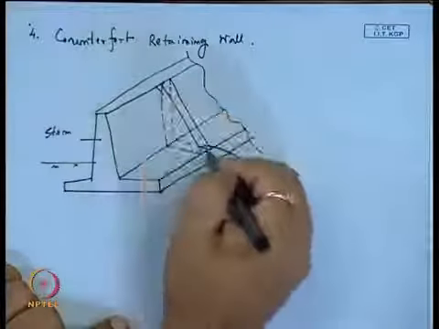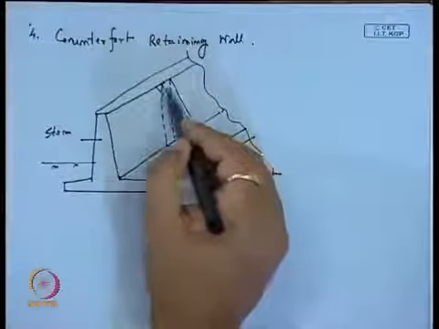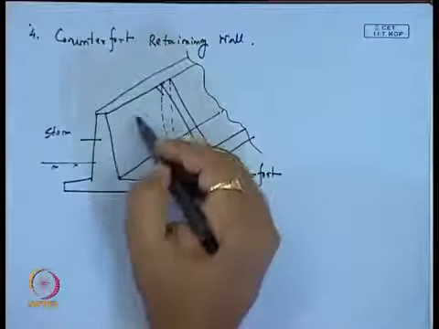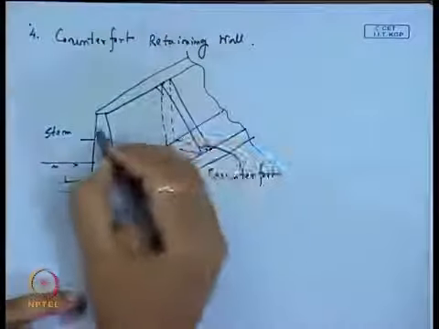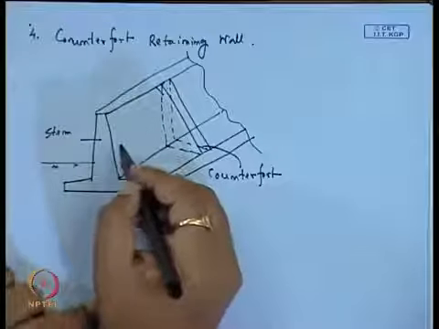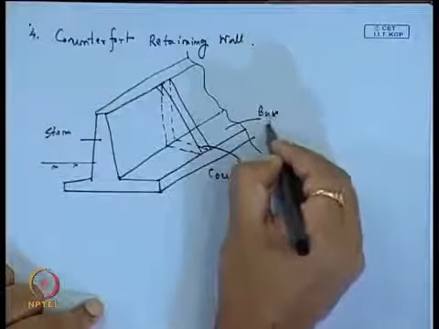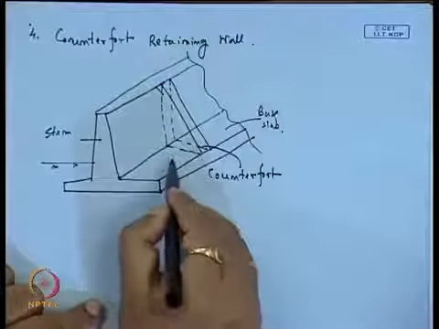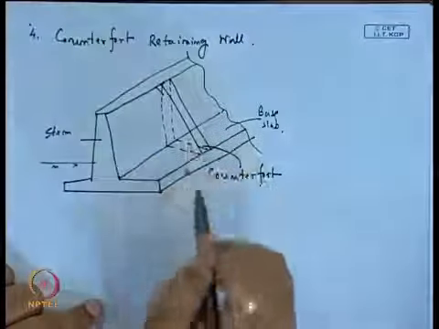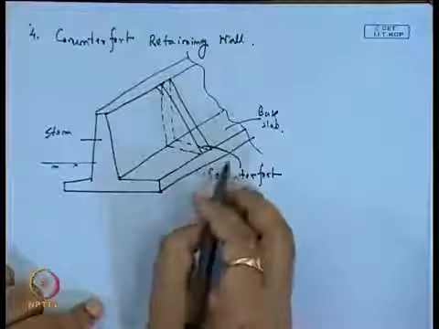These counterforts are used to reduce the shear force and bending moment induced in the vertical stem of the retaining wall and also the base slab. This is the base slab. These counterforts are used at certain intervals.